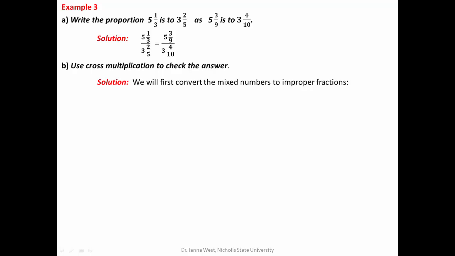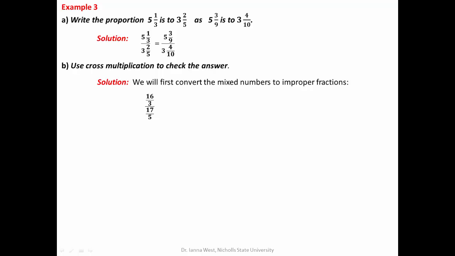We will not show the steps for converting mixed numbers to improper fractions since we showed it in 2 previous slides. But 5 1/3 converts to 16/3 and 3 2/5 converts to 17/5, giving us the ratio 16/3 divided by 17/5.